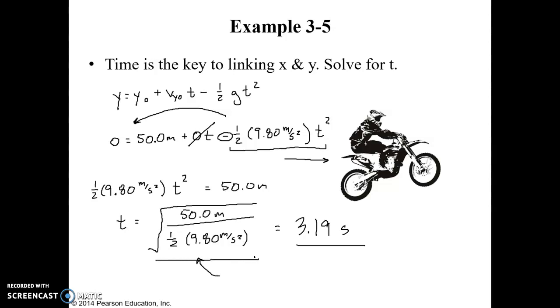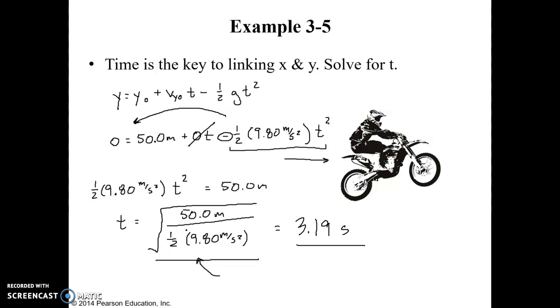Now, a quick word here. This is kind of a lot to punch into a calculator all at once. And that's another really common mistake I see students making: simply calculator mistakes. Not putting in parentheses where they need to be, not following the correct order of operations, or forgetting to square something, or forgetting to take a square root of something.